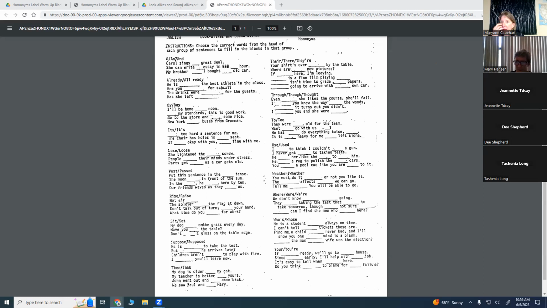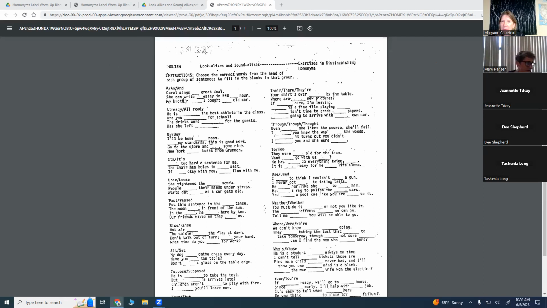The first one, a and an. They don't exactly sound the same, but they look the same. And we commonly get them a little confused. How about: Carol sings a great deal. We don't need the n unless it's before a vowel, correct?